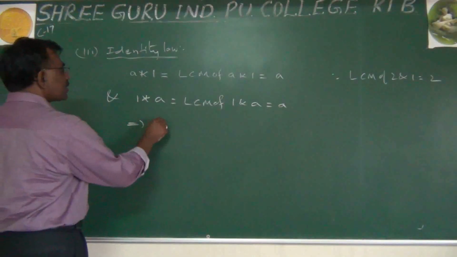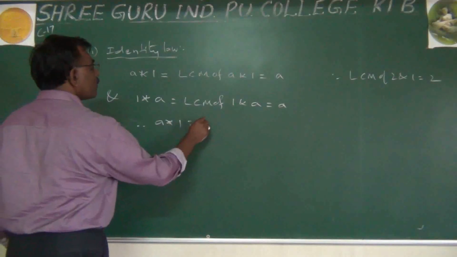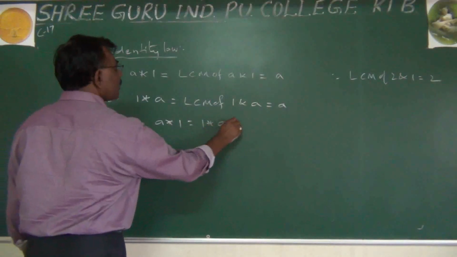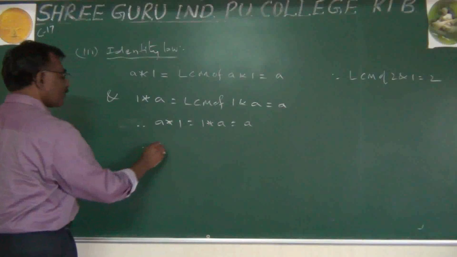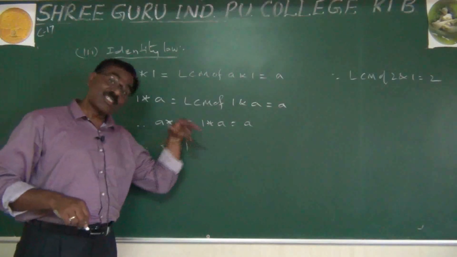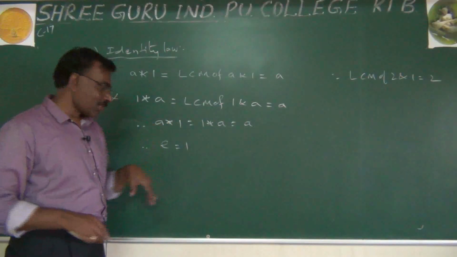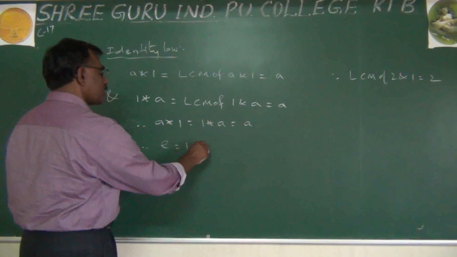Therefore, A star 1 equals 1 star A equals E. Therefore, E equals 1. A star E equals E star A equals A. So E equals 1 belongs to N.